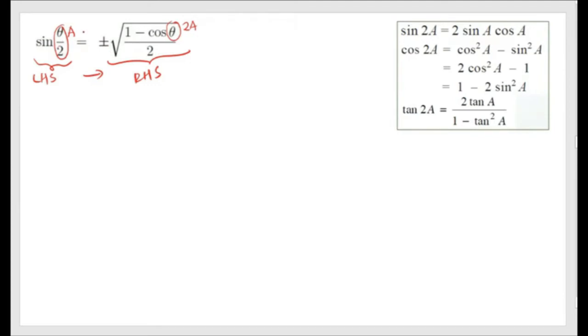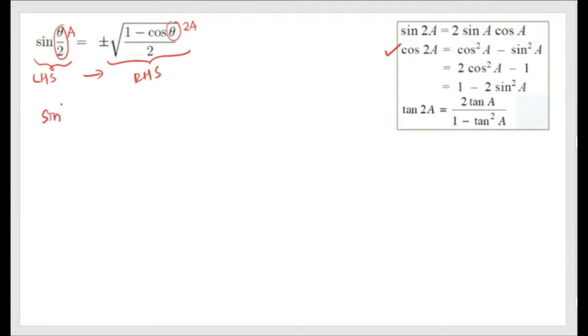We have to find out which double angle formula is suitable for sine A and cos 2A. You see the cos 2A, so of course we need to find it from cos 2A here. Cos 2A has three formulas. Which one is most suitable with sine A? Or in other words, we can do it like this.